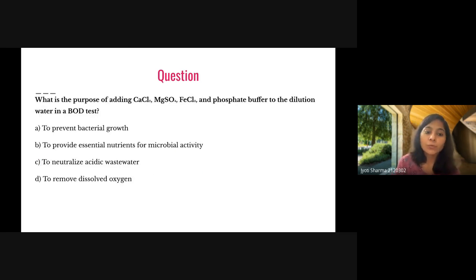So we use calcium chloride, magnesium sulfate, ferrous chloride and phosphate buffer in the dilution water in a BOD test. But what is the purpose of that? We have four options: to prevent bacterial growth, to provide essential nutrients for microbial activities, to neutralize acidic wastewater, to remove dissolved oxygen.